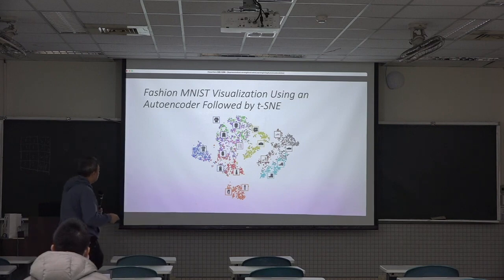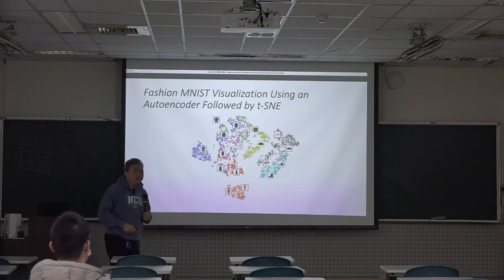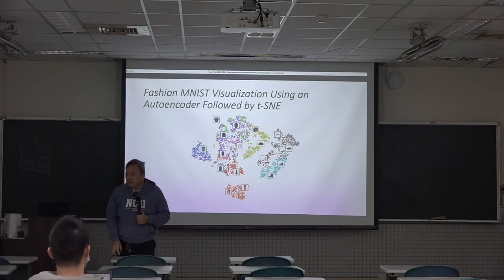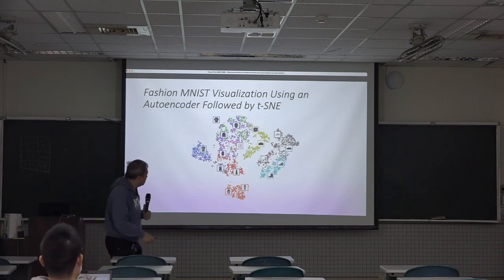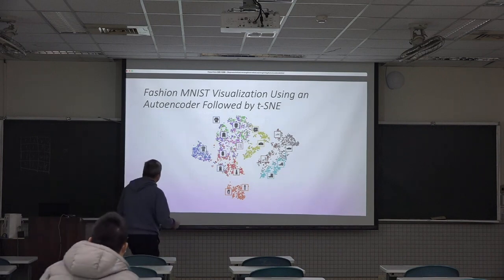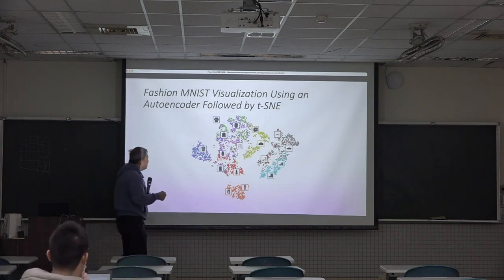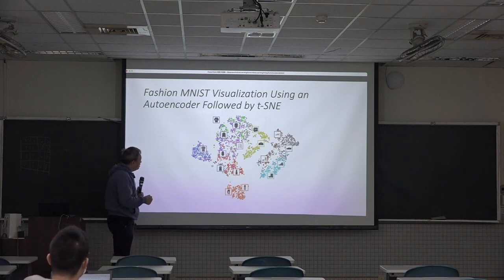So you can see that. Remember, we have 10 different classes in Fashion MNIST, and you will see that the data with the same class, for example all these T-shirts, the blue points, tend to cluster together.